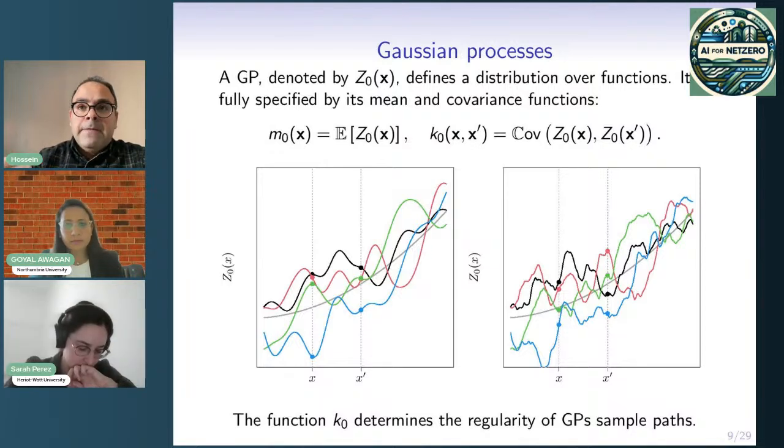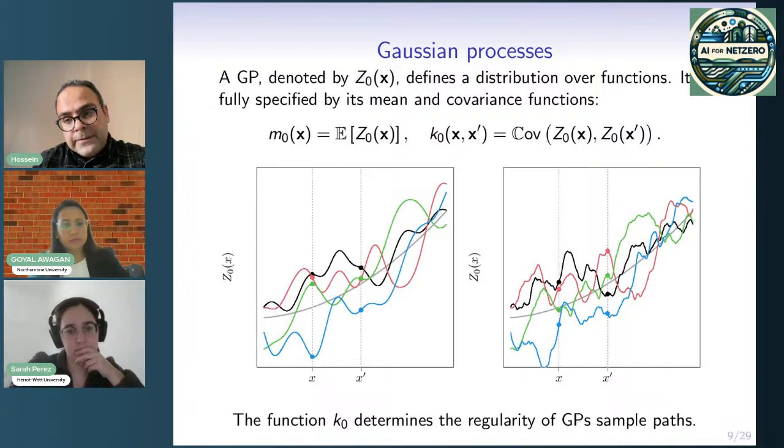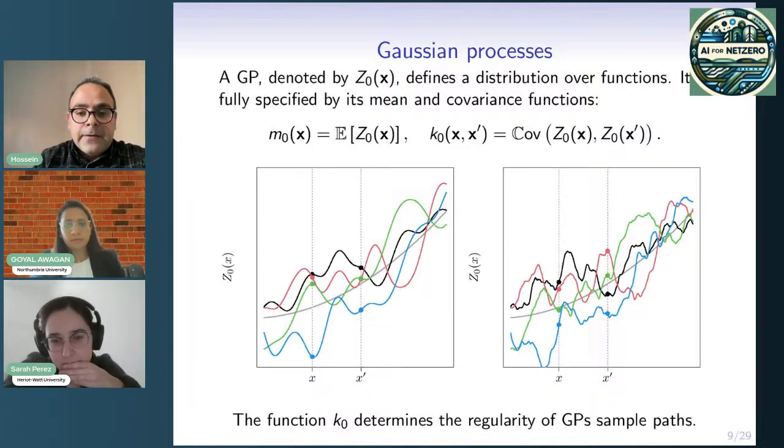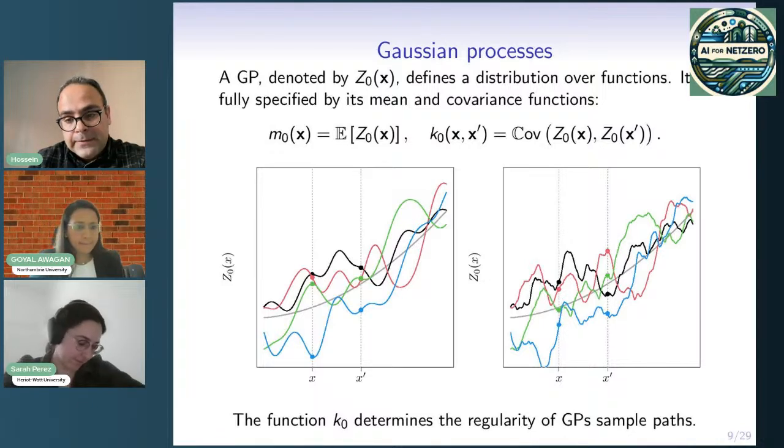However, if we believe that the underlying function we want to emulate is not very smooth, we can use this type of Gaussian process where the realizations are not as smooth as with a squared exponential covariance function. As you can see, for example, the values of the Gaussian process at these locations are less correlated than in this case. Of course, k determines the regularity of Gaussian process sample paths. These are called sample paths.